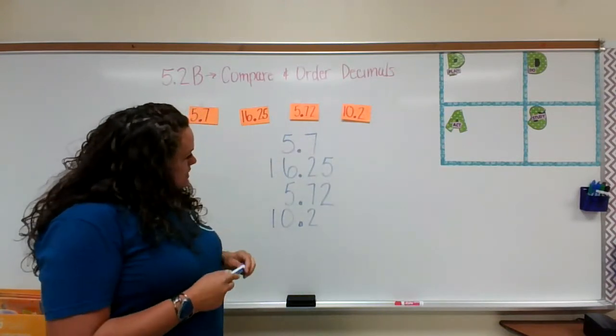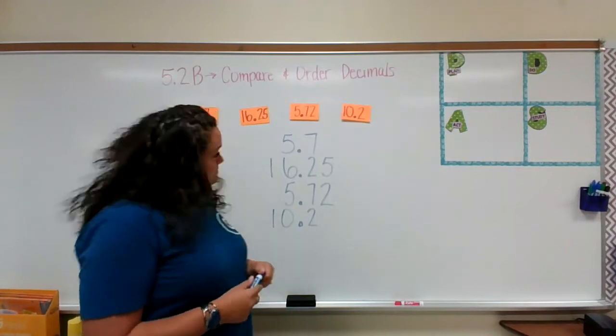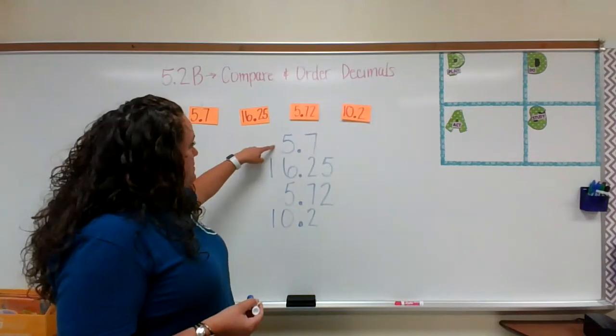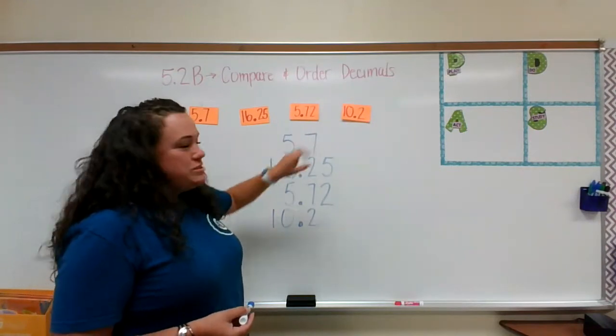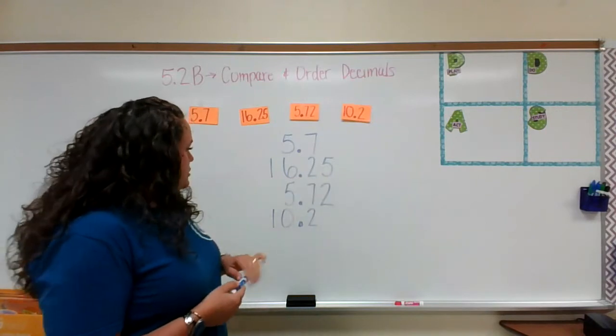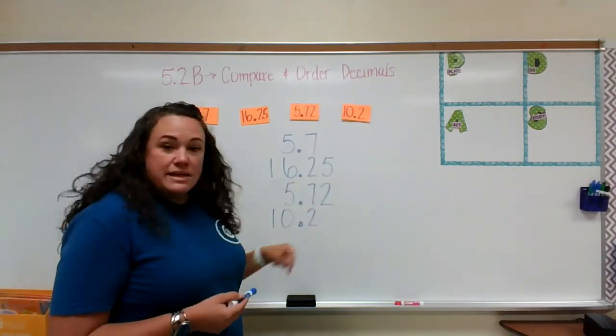What do you notice about these numbers? I notice that some of the numbers have only 2 digits, this one has 4 digits, and this one has 3 digits, as well as that one.